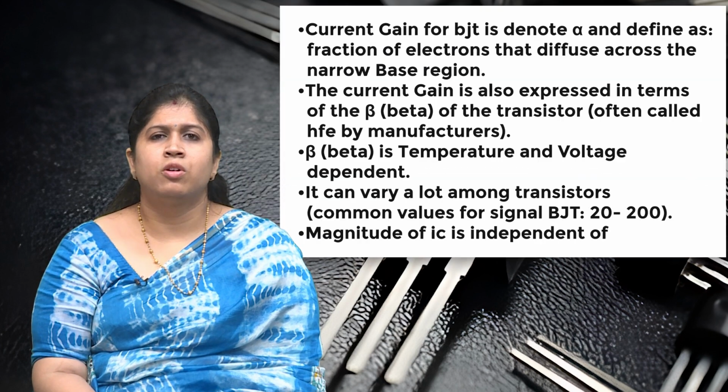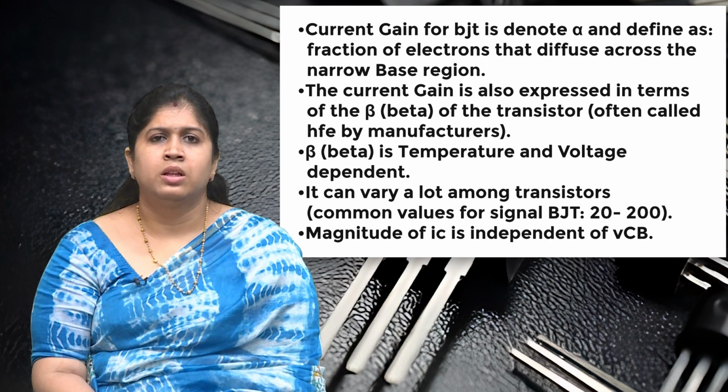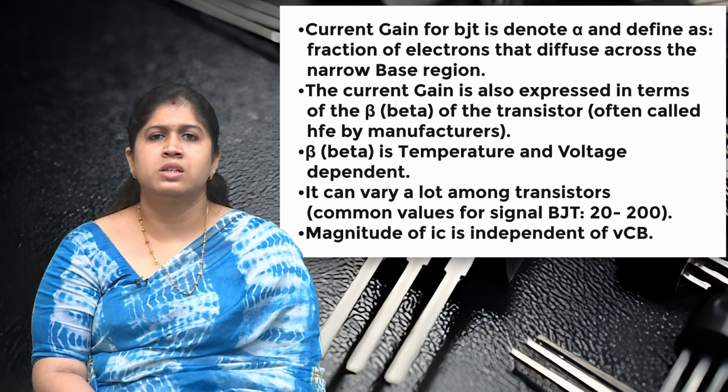Current gain for a BJT is denoted alpha and defined as a function of electrons that diffuse across the narrow base region. The current gain is also expressed in terms of the beta of the transistor, often called hFE by manufacturers.